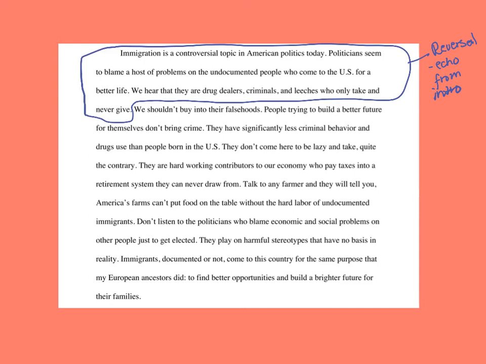And then here is the reversal statement right here. We shouldn't buy into their falsehoods. So here's our A, and here's our A is wrong. And then I'm assuming the rest will say actually B.